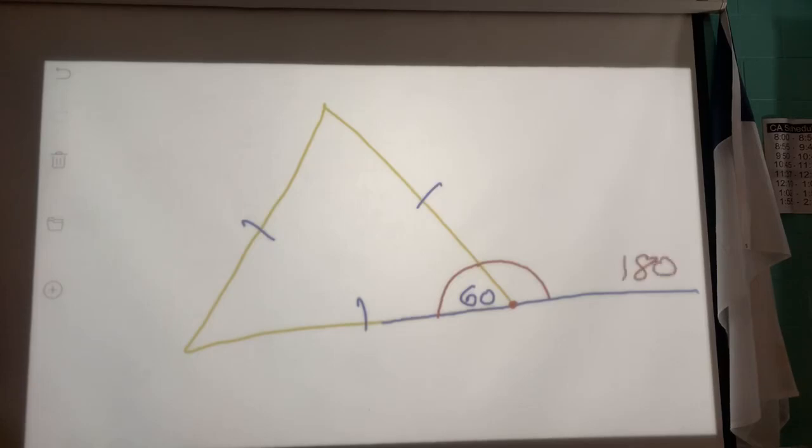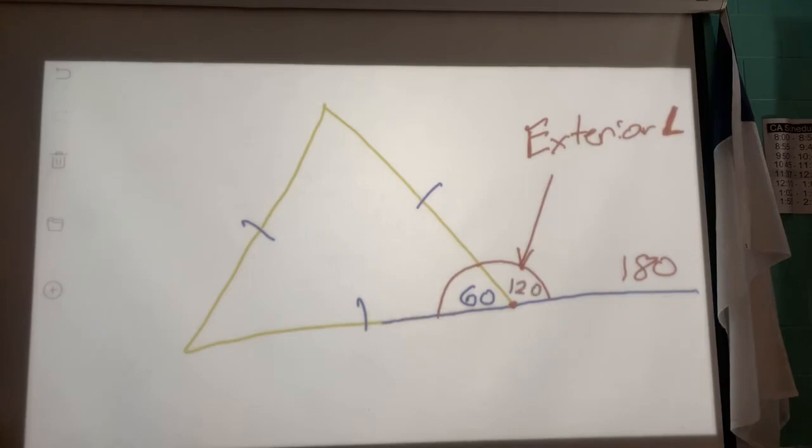And so to find what we're going to call here the exterior angle, the total of all of them is going to be 360. If you take 180 minus the 60, that's going to leave you 120 there.